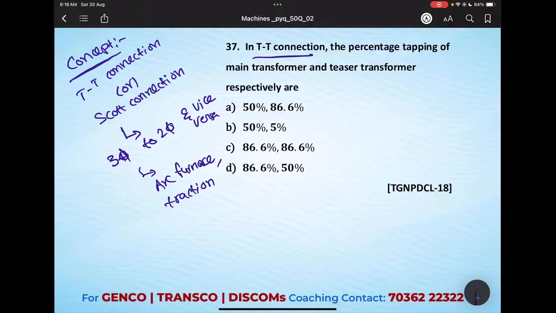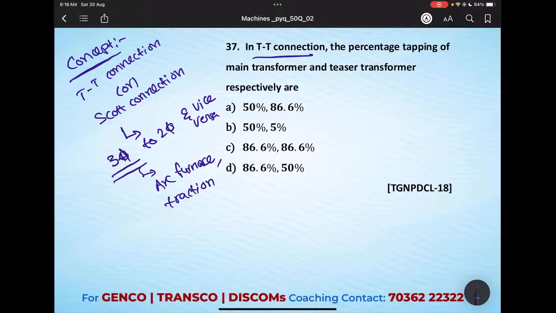Why? Because along with these loads, many other loads may be connected to the primary side. That means the 3-phase supply is taken from the bus, and the loads connected to the bus should not be affected by the arc furnace or traction type of loads. That's why we need electrical isolation between the unbalanced load and the balanced supply.